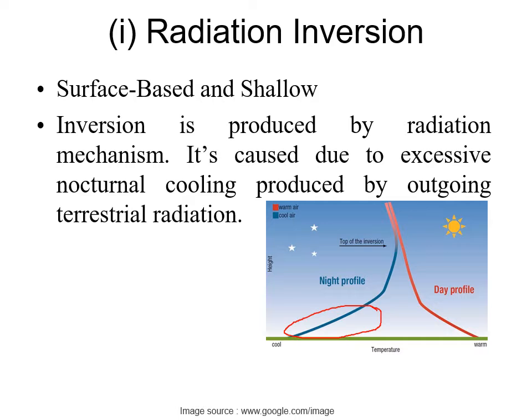So what we find is that during night time the atmosphere close to the Earth's surface quickly becomes cool, whereas the upper air atmosphere is still warmer. So we get a reverse temperature profile as we move up through the atmosphere.